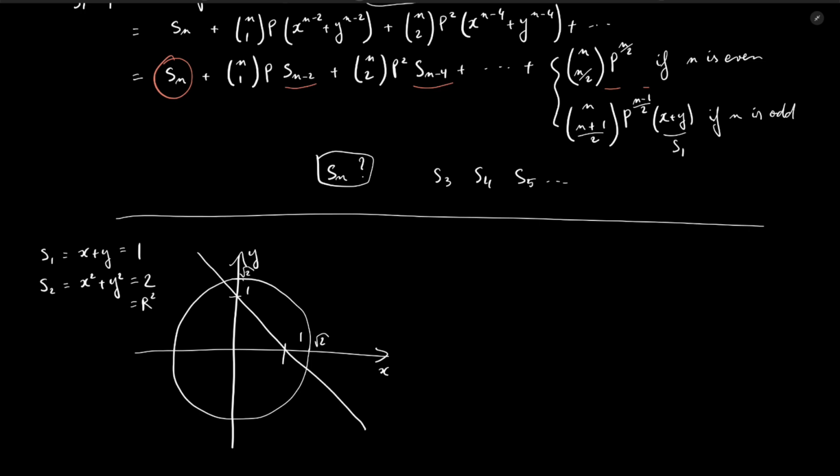Okay, so basically for the x and y variable to verify this equation, the only way that it can happen is that the x and y coordinate can only be both on the circle and on the line, and we can see that in that case it happens in only 2 points that are located here and there. So let's try to find a coordinate x and y, and to do that we are going to use a complex number.